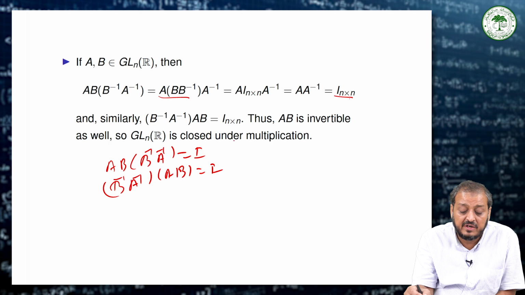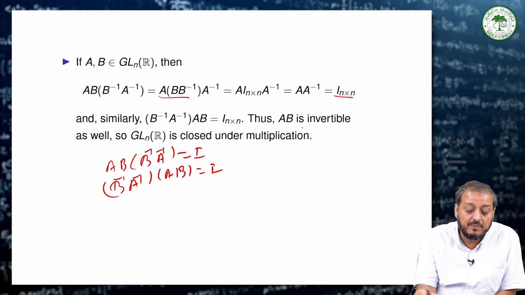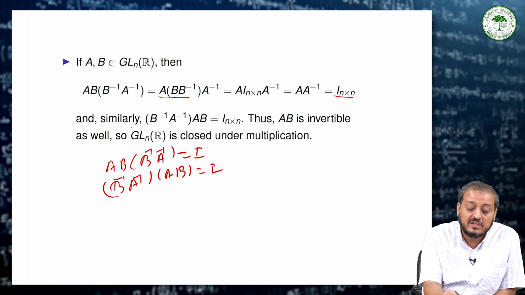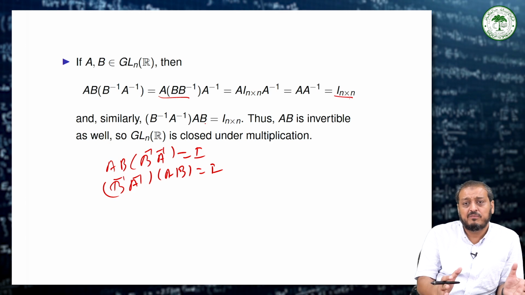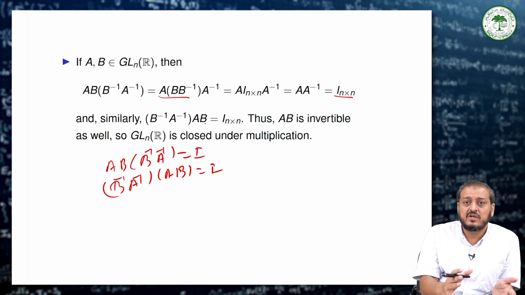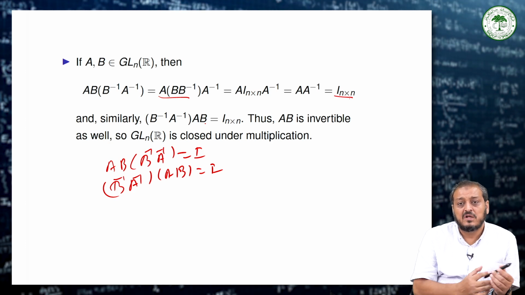By the definition of the inverse, this means AB is invertible as well. So GL(n, R) is closed under multiplication. There are two ways we can prove this: by the determinant property, and by the inverse property.